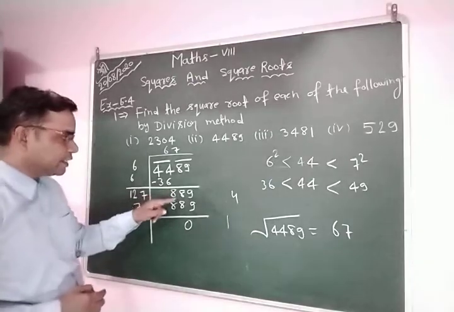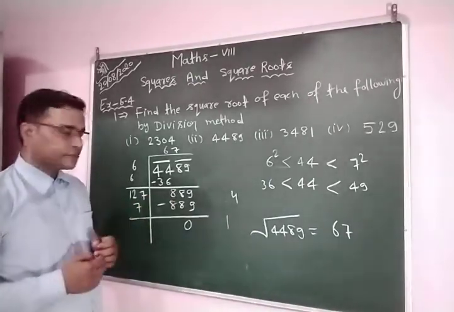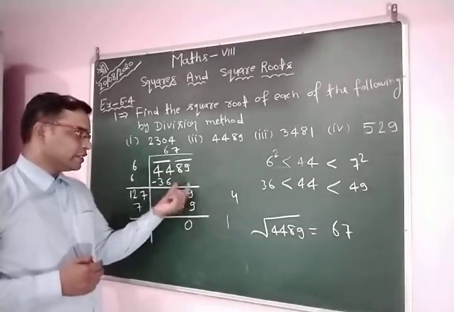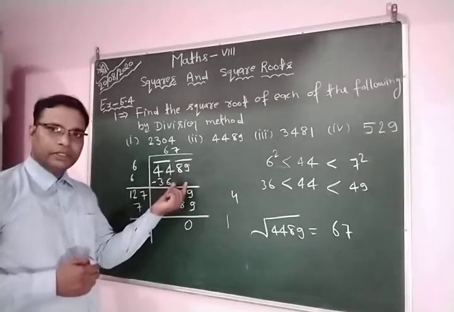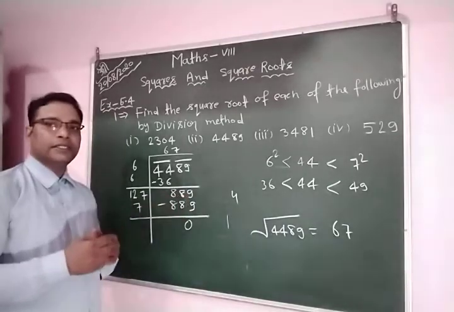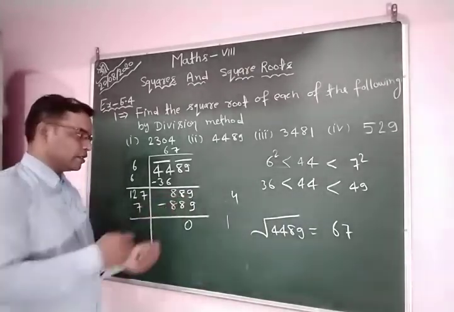This 8 is our remainder. Again we bring down the next pair, which is 89, and write it beside the remainder.